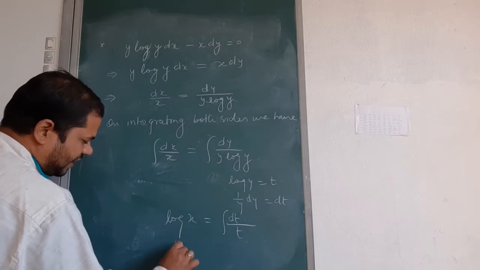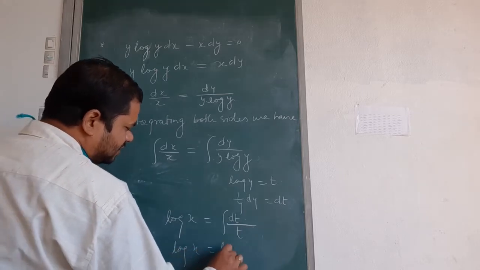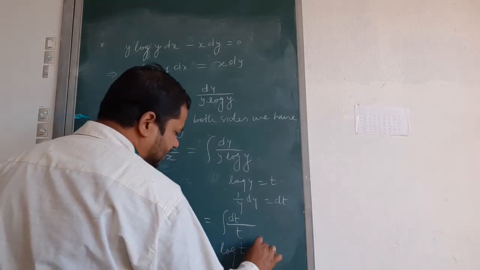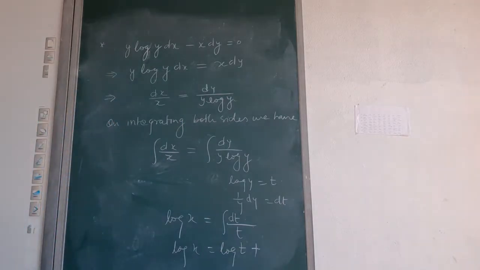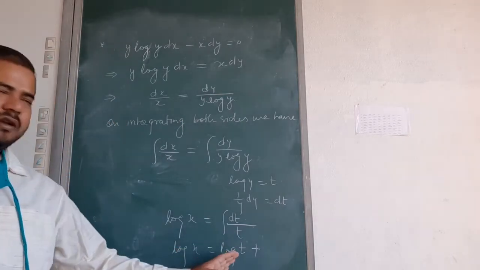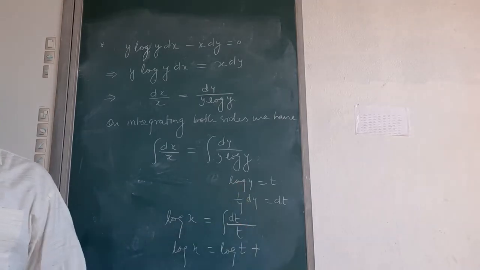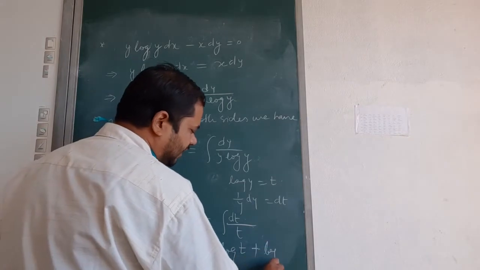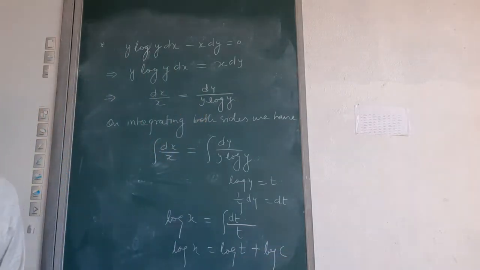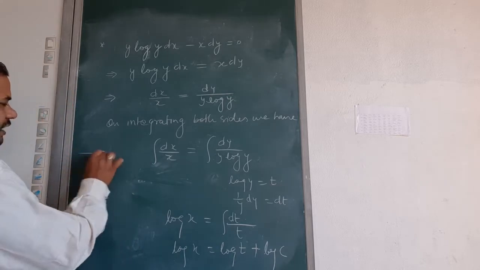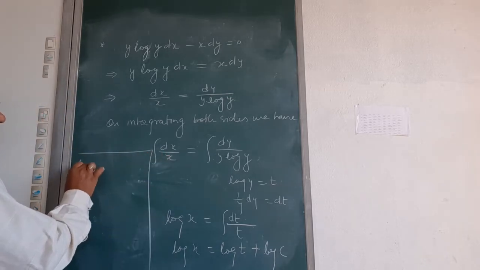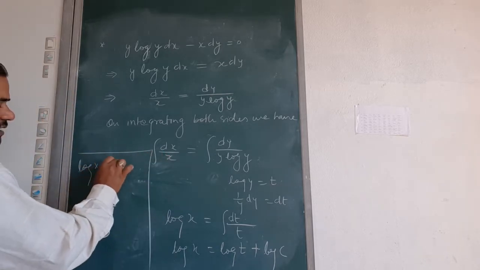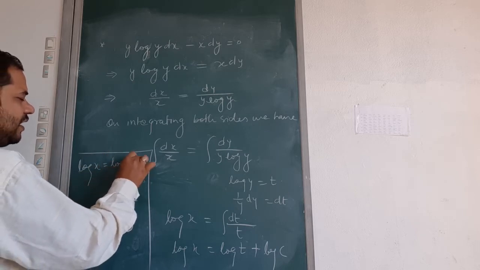So log x is equal to log t plus a constant. Whenever we see log x and log t, we put the constant like that, that means we put the constant as log c. So log x is nothing but log ct.